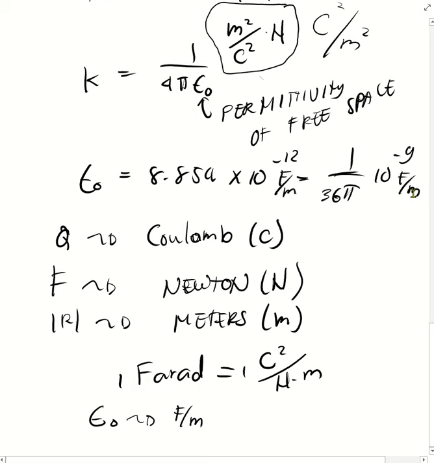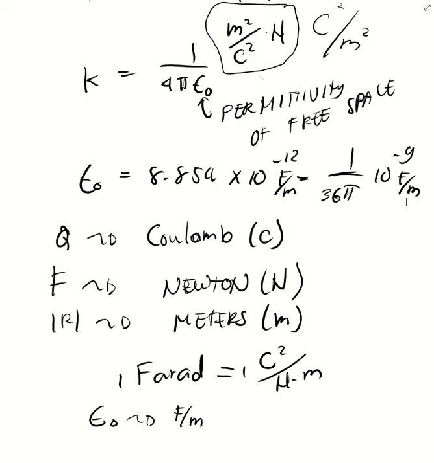So instead of using Coulomb squared per Newton meter squared, we just use farad per meter, because later on we will relate this to applications of electrostatics. The main application of electrostatics in electrical engineering will be a capacitor, and we know the unit for the capacitance of a capacitor should be farad.